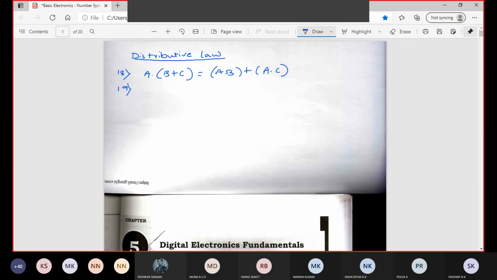Yes, sir. I can write. Right. Law number 19: A plus B dot C is equal to A plus B into A plus C. Can I write?